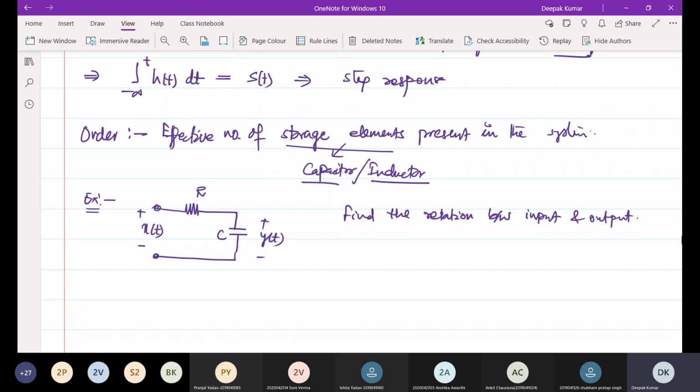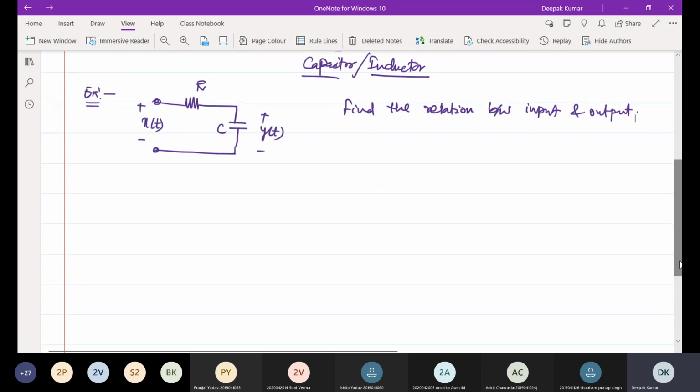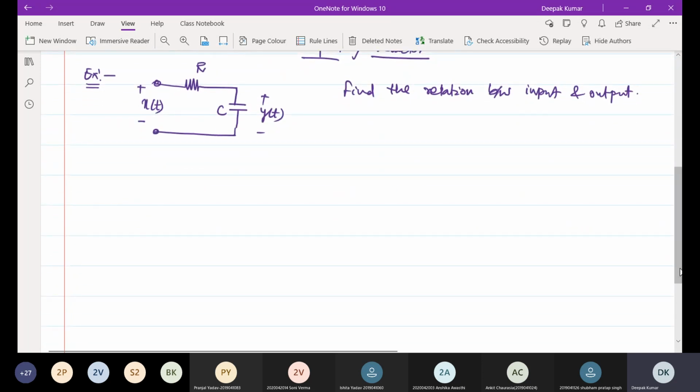From your electrical network theory concepts, you can use it here. In network theory, we have said that this equivalent circuit can be written directly in the S domain. Here all the terms are in t, so the circuit is modified into the S domain like this. This is the simplest and fastest method.